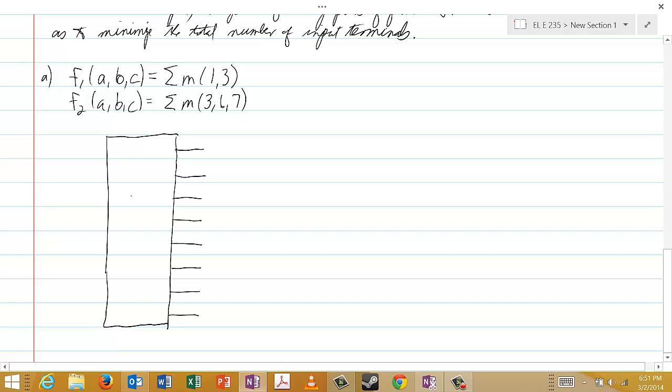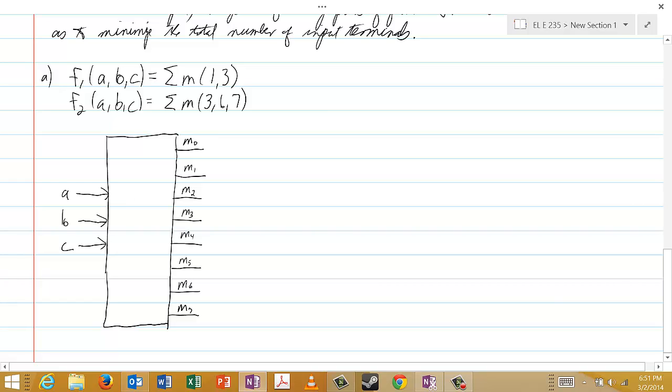And we can go ahead and label them, since this is the type of decoder that has uninverted outputs. We know that this is a minterm generator, so we have M0, M1, M2, M3, M4, M5, M6, and M7, and then our 3 inputs are A, B, and C.